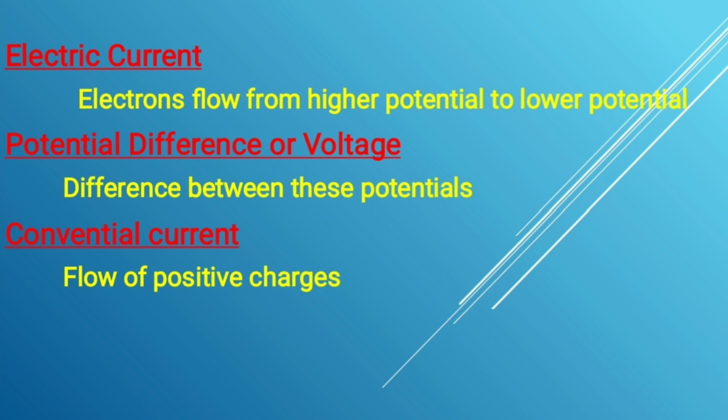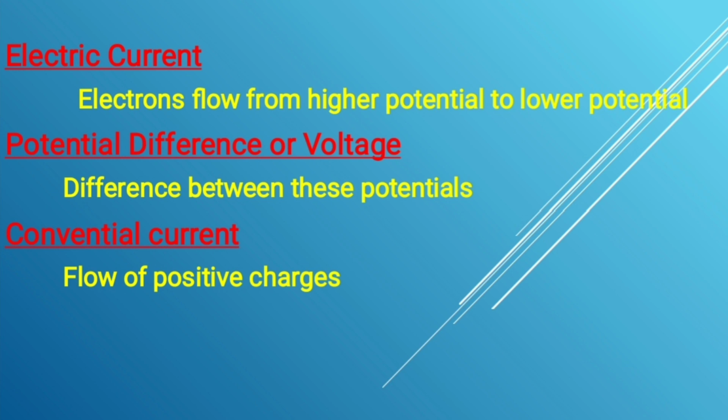From this we can understand what electric current is. Now we are getting into our topic, electricity, the flow of charges. Electrons always flow from higher potential to lower potential. This is called electric current. When electrons flow from higher potential to lower potential, that flow of electrons gives us a current.